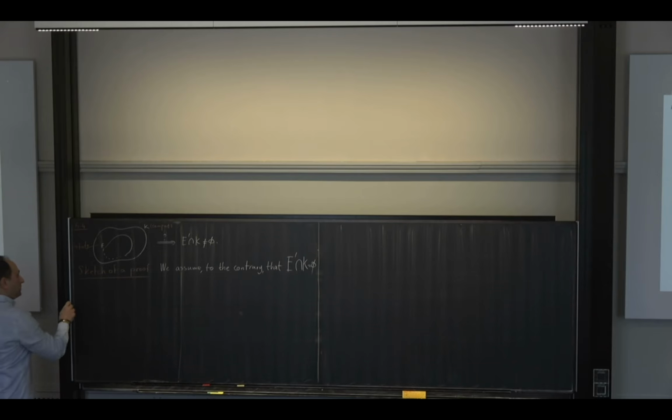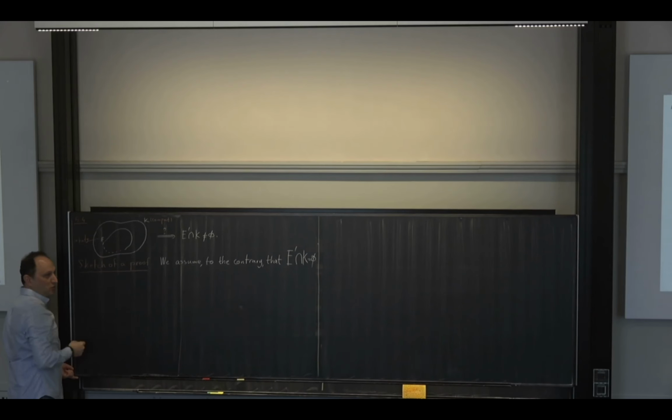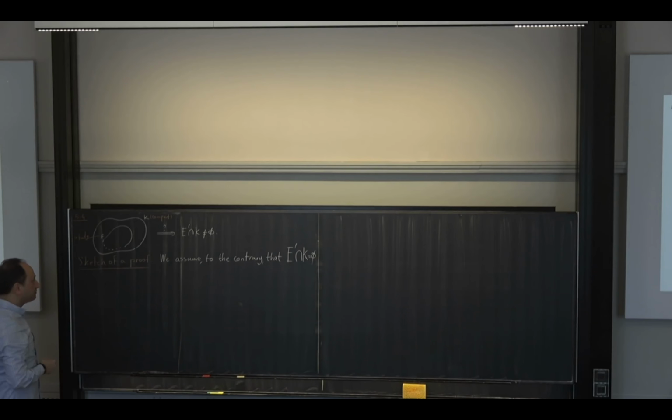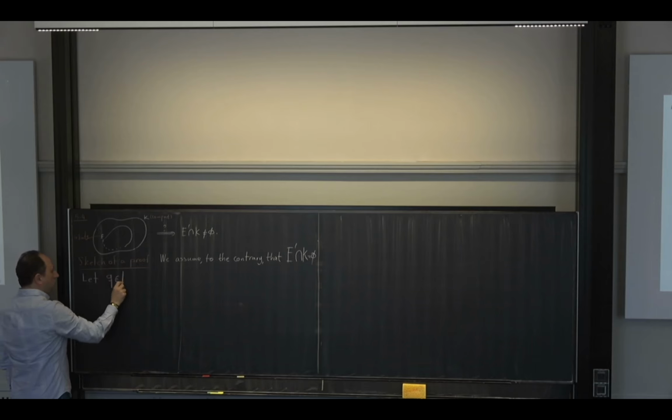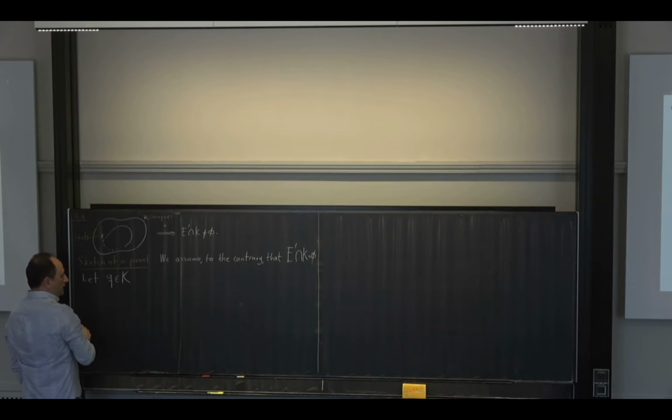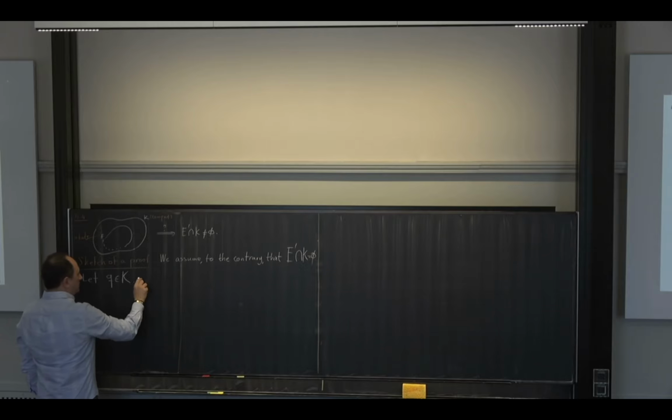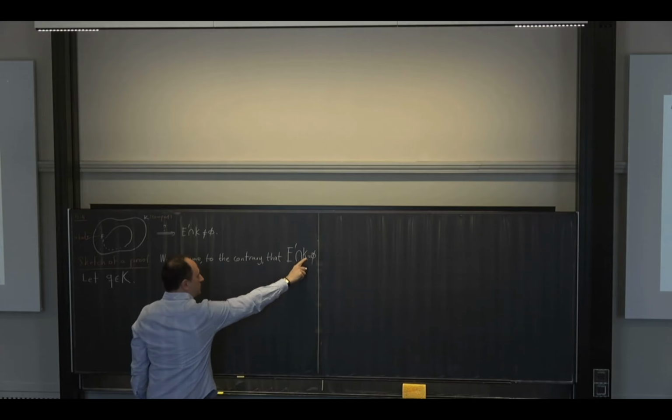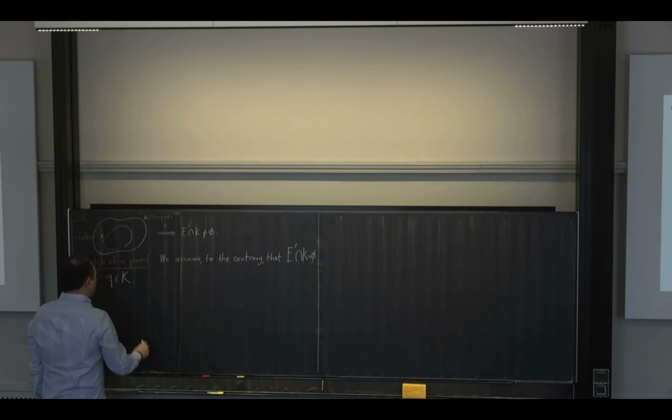So I would say, because I want somehow to use my compactness assumption, and you have some experience now, I would say let us start with some kind of open cover for my set, okay? So let Q belong to K. Then, because there is no intersection between K and E prime, this means what?